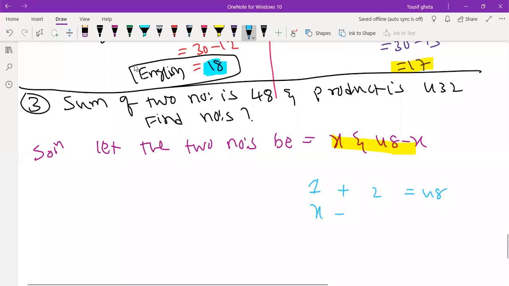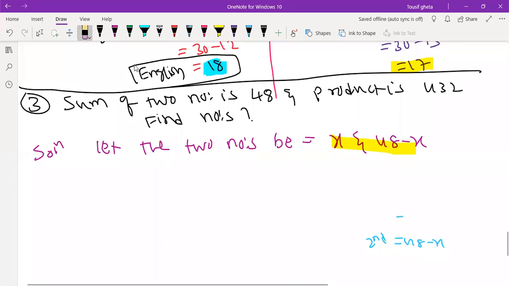So the second number is 48 minus x. Always, whenever they give the sum of two numbers, you can take one number x, another number total minus x. Every time, this is a very simple, common thing.